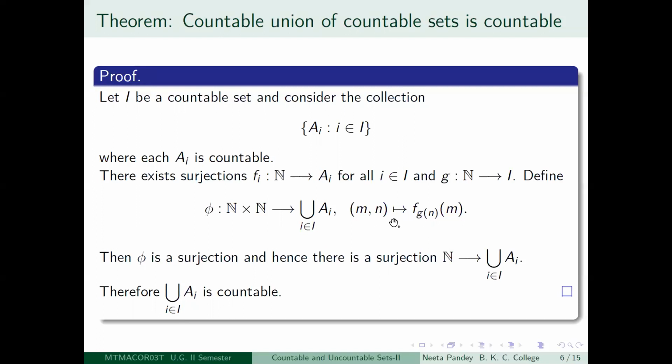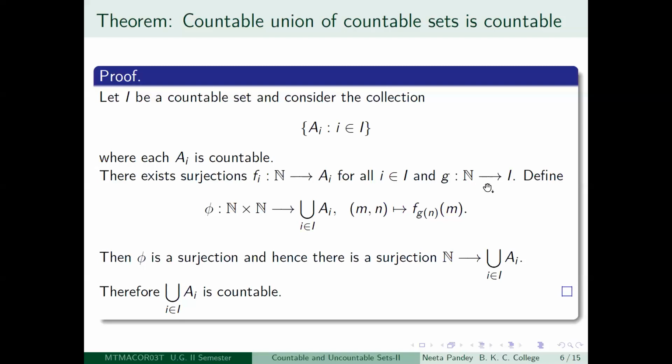So g of n is going to be an element of I. So corresponding to that g(n), you look at f_g(n). f_g(n) will be a mapping from the set of positive integers to A_g(n), the g(n)th set in some sense. So f_g(n) of m will be the element where it will map. So I hope I have been able to tell you what I'm trying to say.